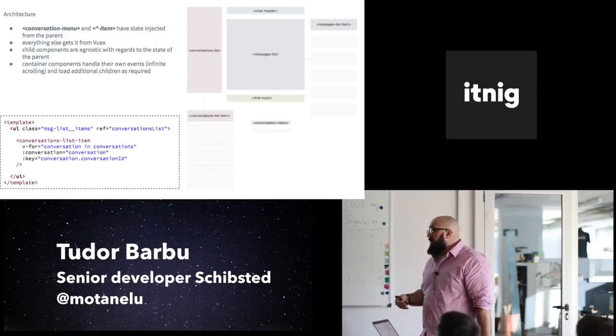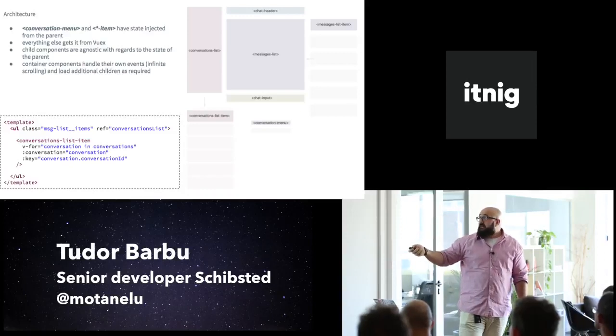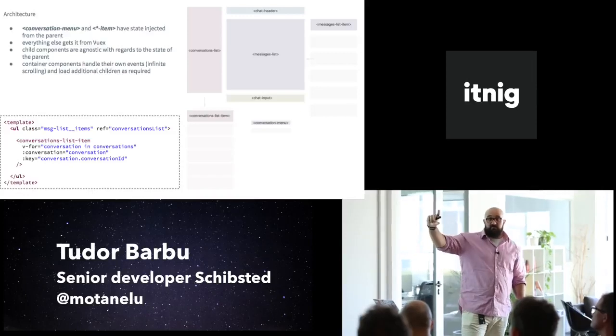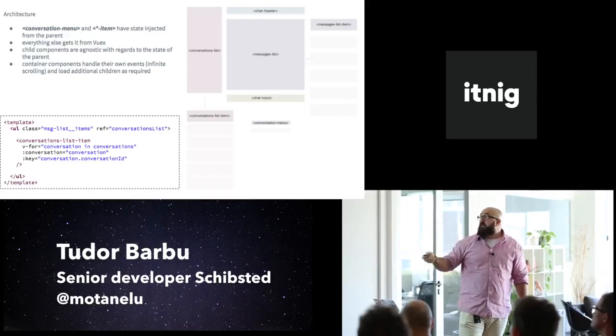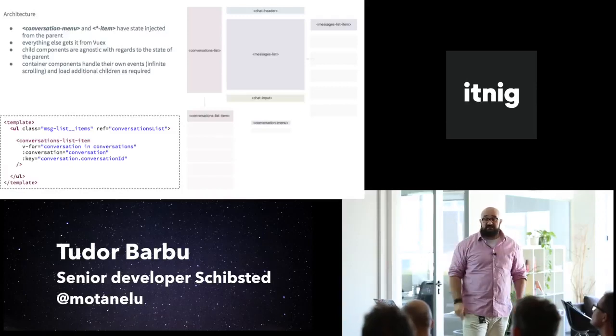So for example, when I select a conversation, I mark the new conversation as selected in the state. And then that specific conversation list item with that conversation will mark itself as active. The chat header will display information for that conversation, and so on.